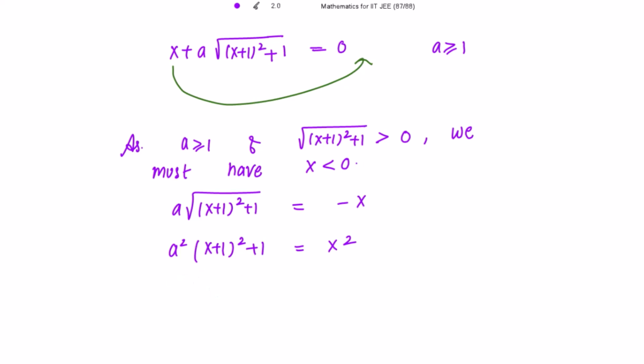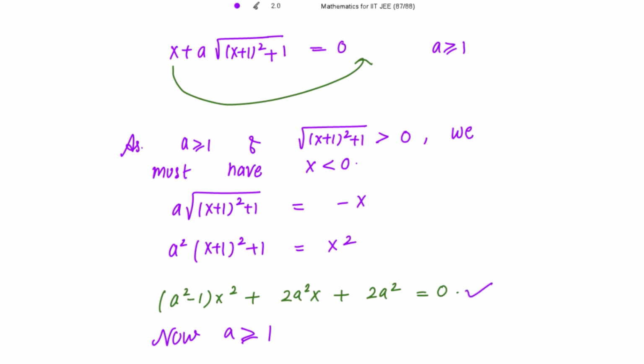And then on simplifying this, we get the quadratic equation in x as a square minus 1 into x square plus 2a square x plus 2a square equal to 0. Now a is given to be greater than or equal to 1. What if a is equal to 1? And what if a is greater than 1?